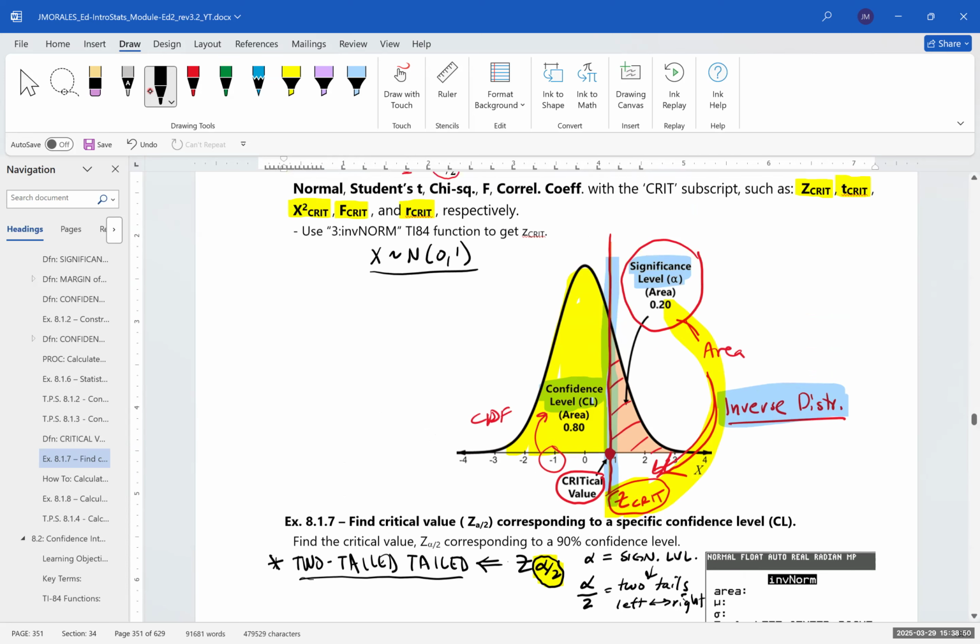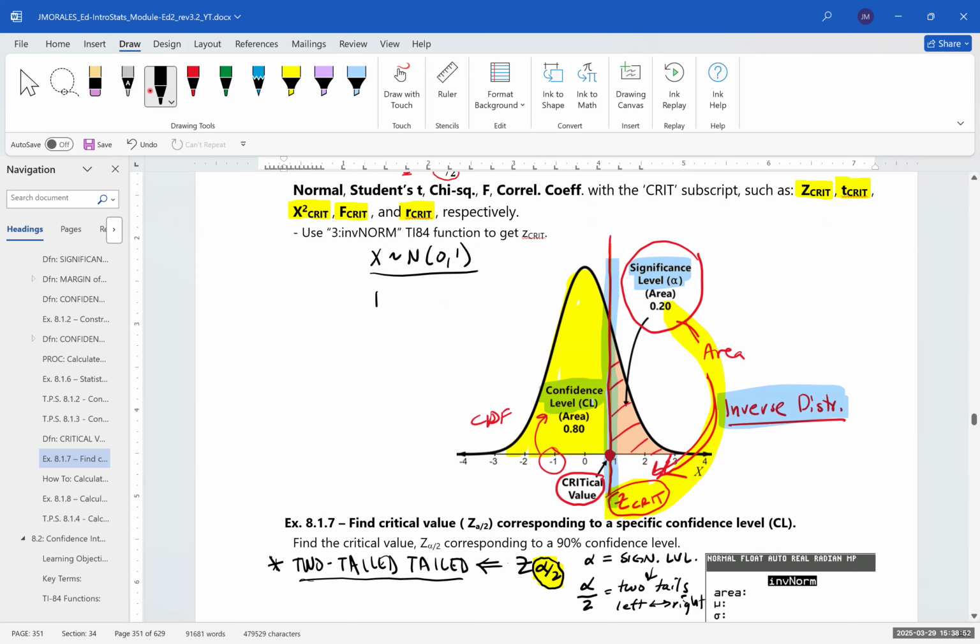This one here in the example would be an example of a right-tailed distribution. And the reason why it's right-tailed is because the significance level is on the right-hand side. It's on the right tail. It's on the right edge. Okay.